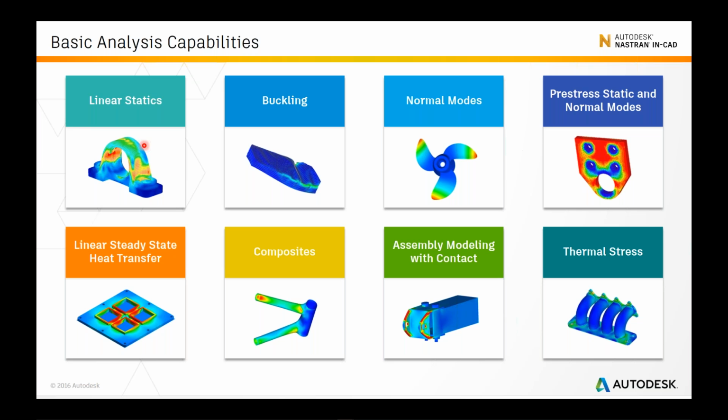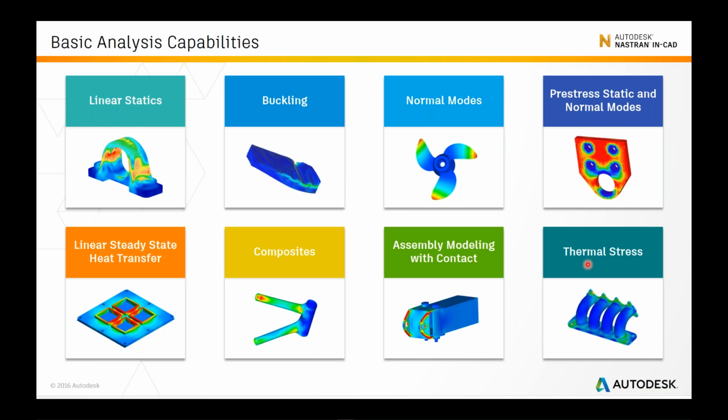But when we talk about the CAD embedded solutions currently available in the market, many of them just do linear static, or modal analysis, or extend to thermal analysis, that too only linear steady state thermal analysis, and so on. So this is what we currently get in the market when it comes to CAD embedded solutions.